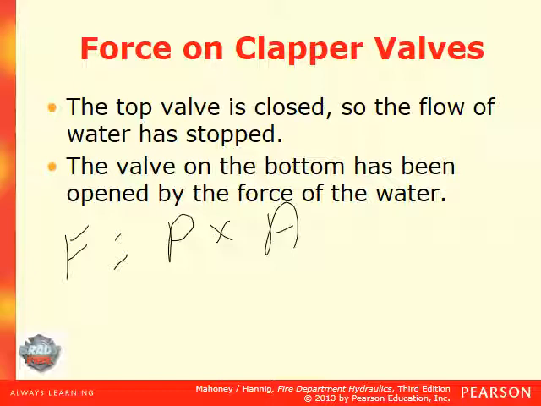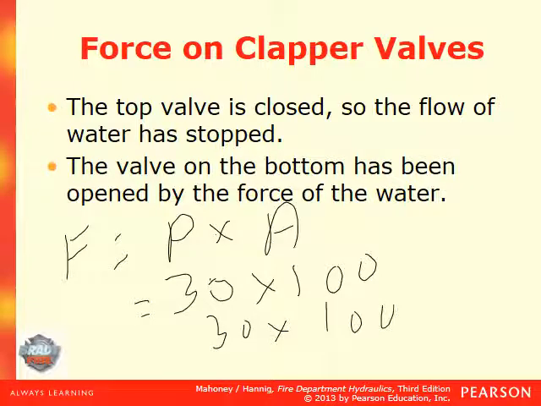We know the pressure holding it shut is 30 psi. Our area, which is already in square inches, is 100. So 30 times 100 equals 3,000 pounds.